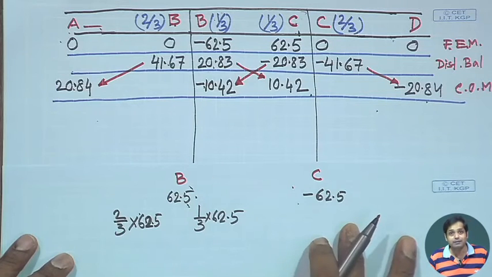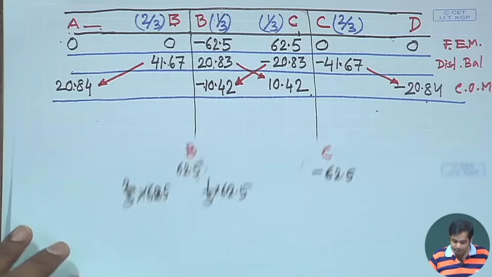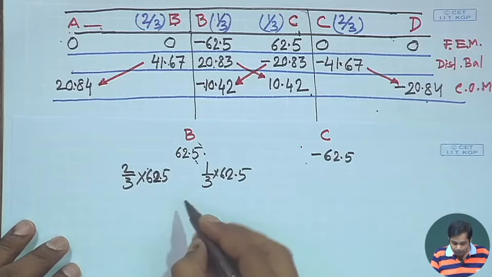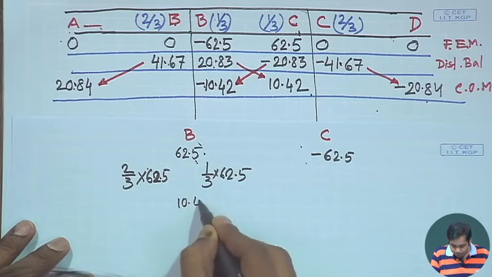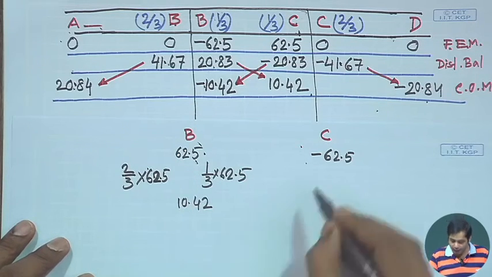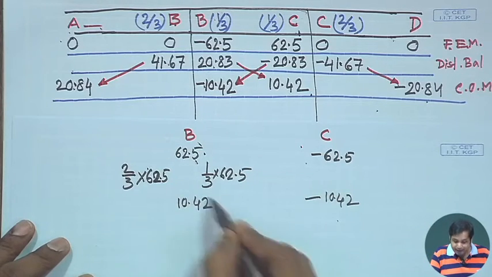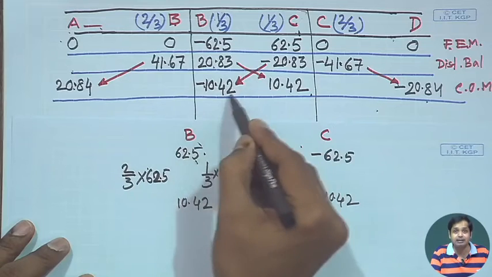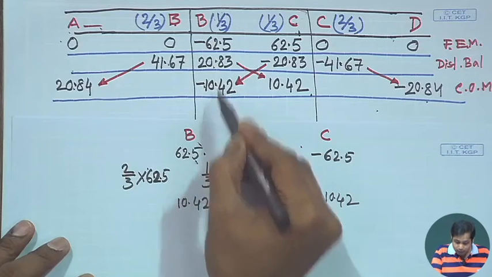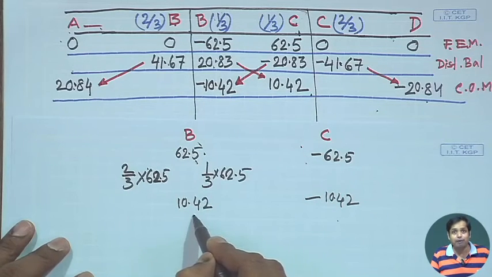So in order to achieve the equilibrium at joints B and C, we need to apply plus 10.42 at B and minus 10.42 at C. This is the unbalanced moment, and an equal and opposite moment we need to apply for equilibrium.